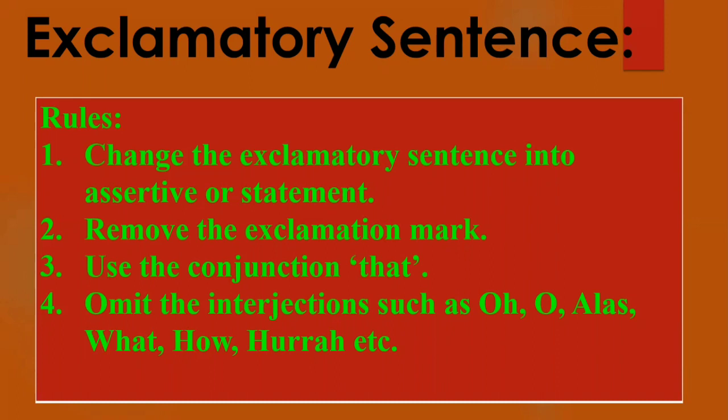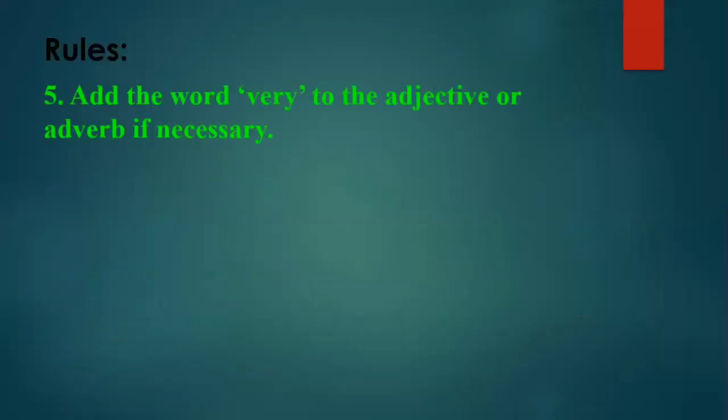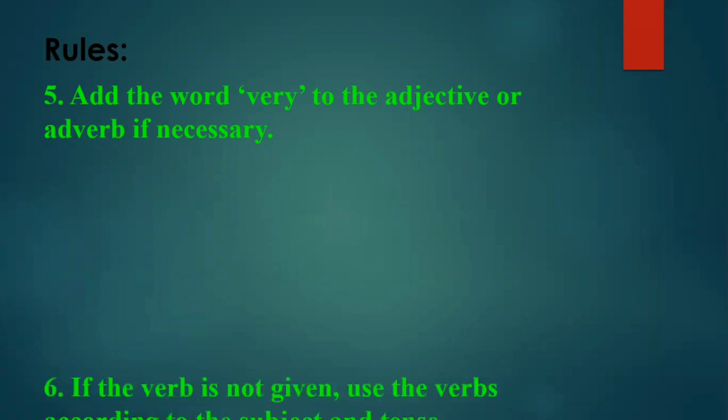So dear learners, now remove the exclamation mark, then use the conjunction that, then omit the interjections such as o, alas, what, how, hooray. Okay, dear learners, now here add the word very to the adjective or adverb if necessary. Sometimes we have to add very to the adjective or adverb if necessary.